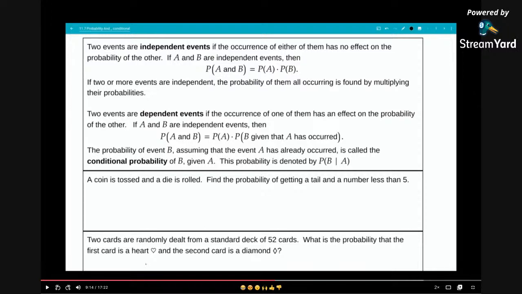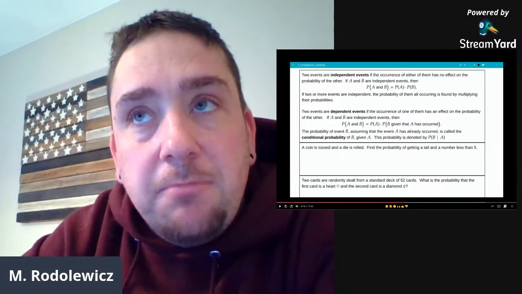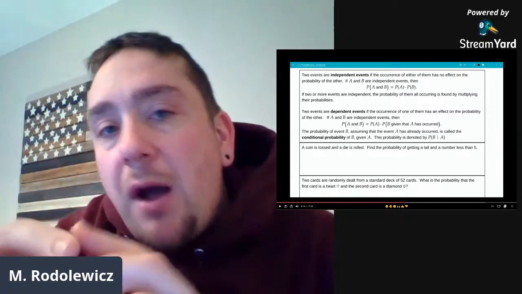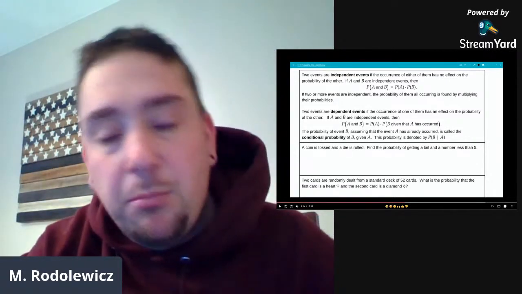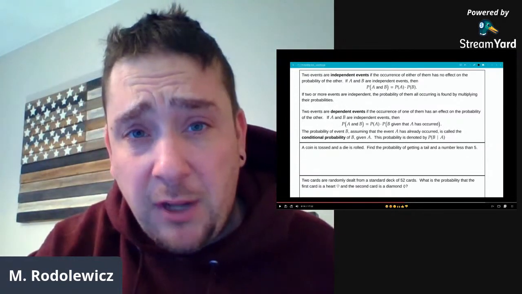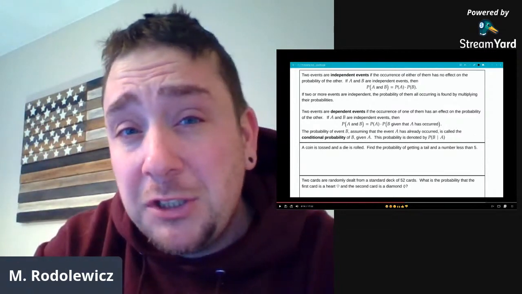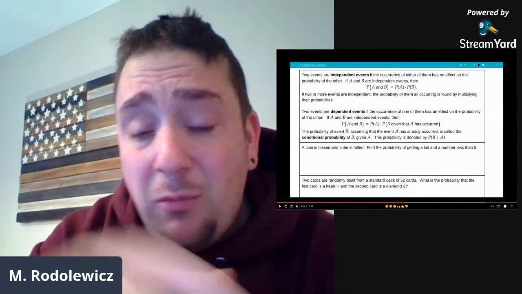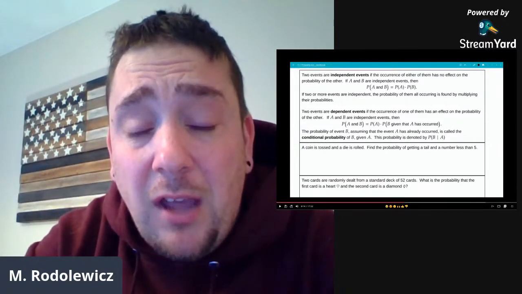So for instance, in our first example where we drew a marble out of a bag and then replaced it, whatever I draw out, if I'm putting that marble back in the bag, it doesn't care when you reach in again. It doesn't move that marble to the left or the right of the bag. It doesn't put it any higher or lower in the bag. That's just silly, right? So when you replace marbles in a bag, that's an independent event. When you put the marble back in, it doesn't care. You have the same likelihood of happening.